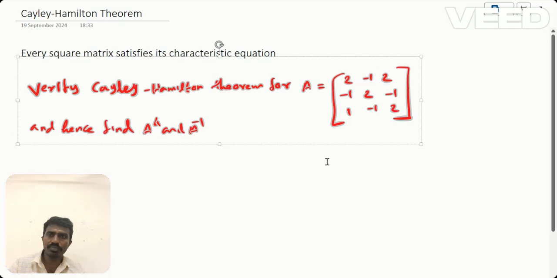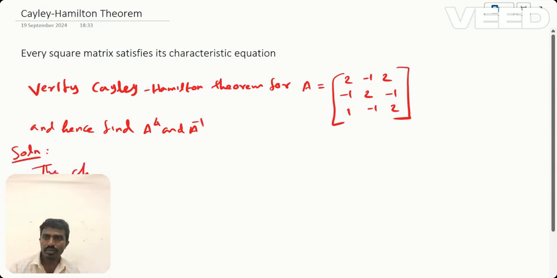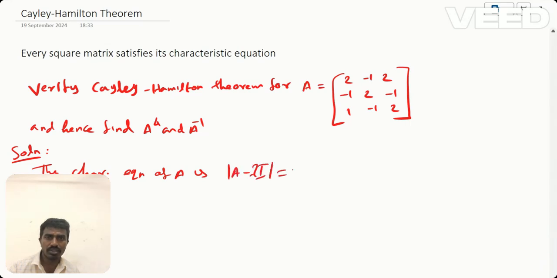So consider this problem. Verify Cayley Hamilton theorem for this matrix A and hence find A power 4 and A inverse. For that, first we need to find the characteristic equation of the given matrix. The characteristic equation of A is determinant of A minus lambda I equal to 0.